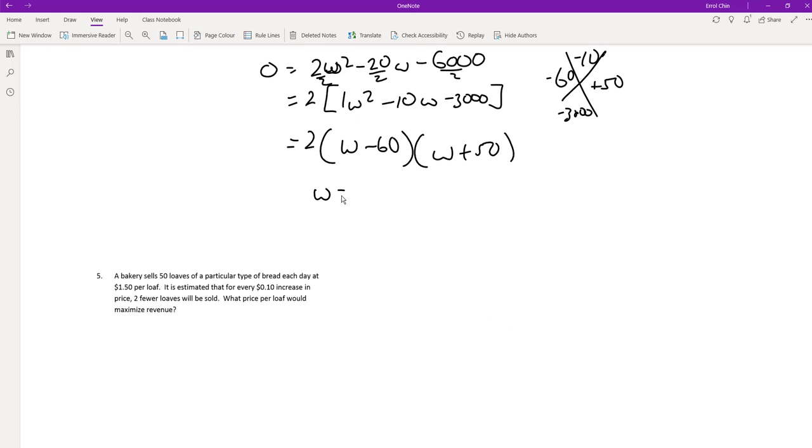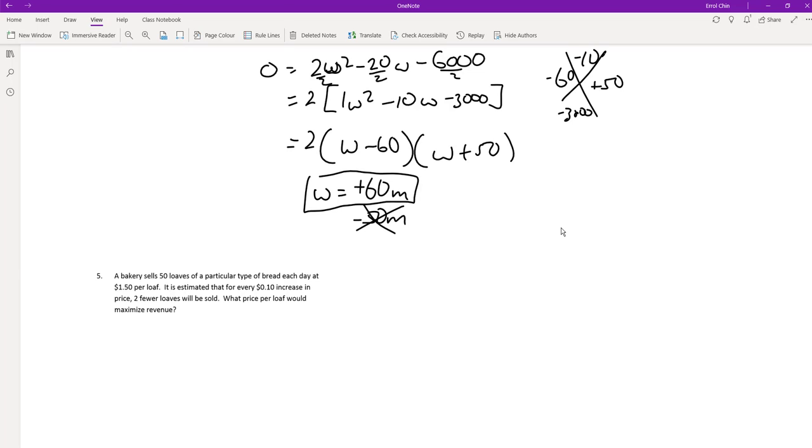w has to be the opposite sign of this, so it's going to be positive 60 meters or negative 50 meters. Hopefully you would think positive 60 makes sense. But can you have a negative distance? No, you can't. So we know the width is 60 meters, except you're not done. It's asking for the dimensions, so you need to find the length as well.